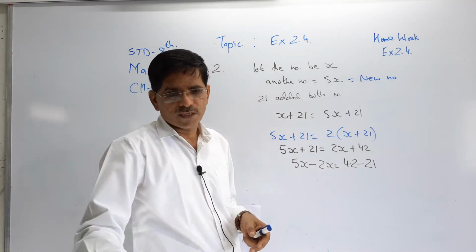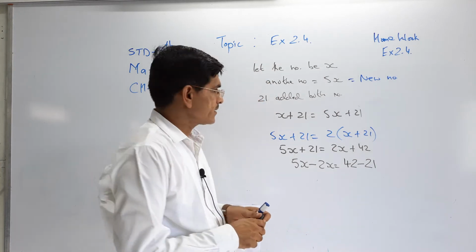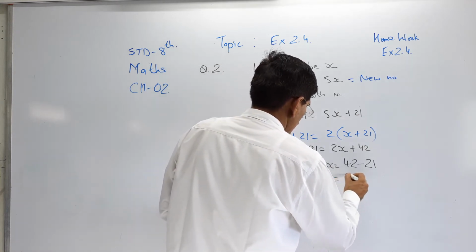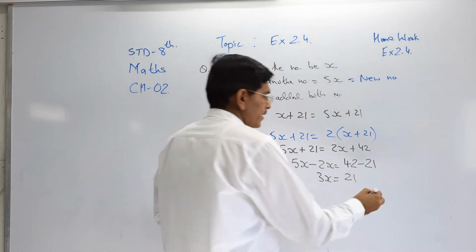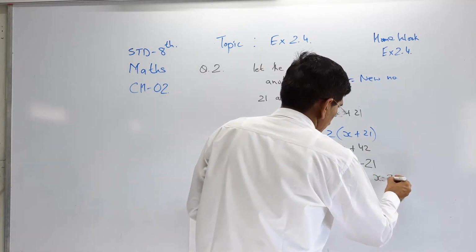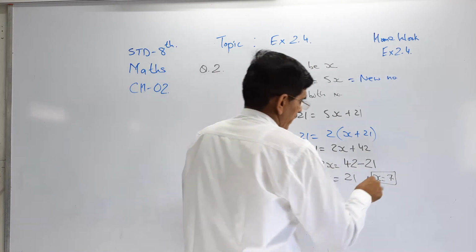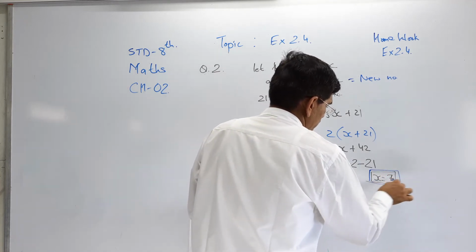Now if we simplify, we can get the answer: 3x is equal to 21. Therefore x is equal to 7. My answer is x is equal to 7.